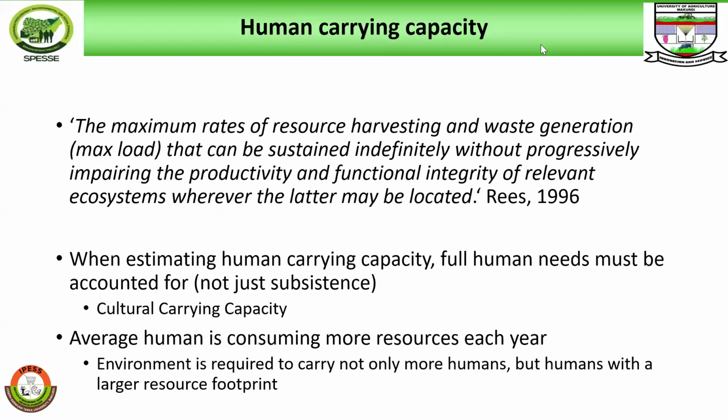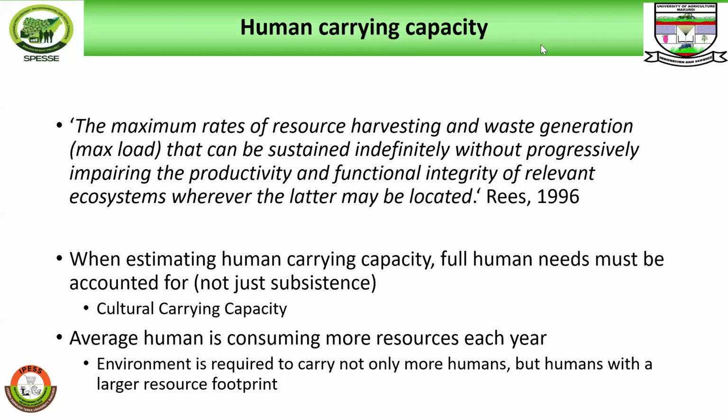In terms of human carrying capacity, it is the maximum rate of resource harvesting and waste generation, that is the maximum load that can be sustained indefinitely without progressively impairing the productivity and functional integrity of relevant ecosystems wherever the latter may be located. And so when we are estimating human carrying capacity, full human needs must be accounted for, not just subsistence.